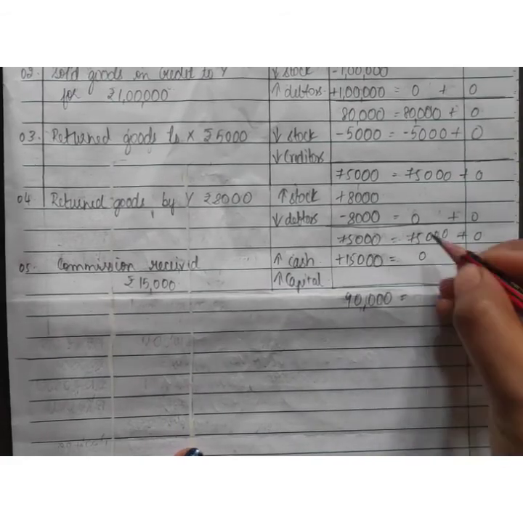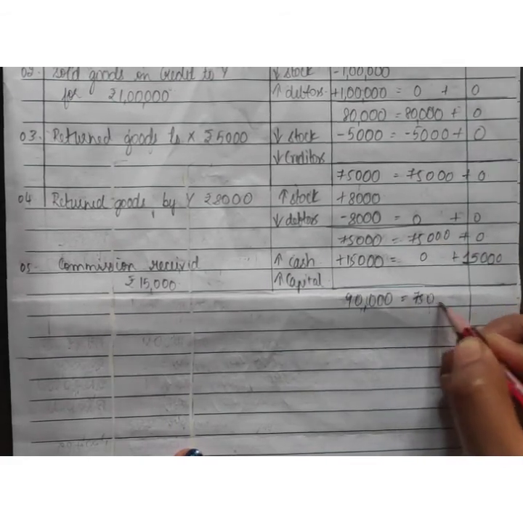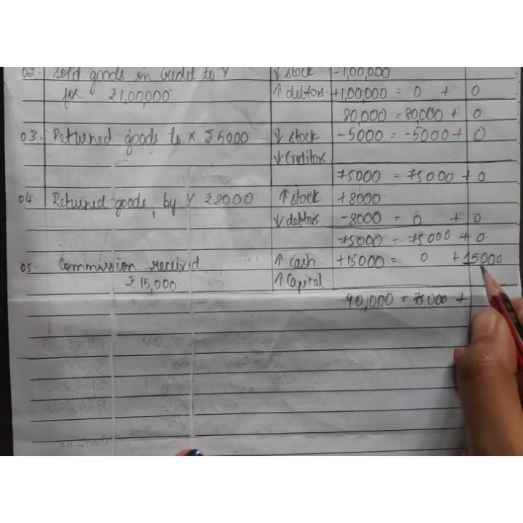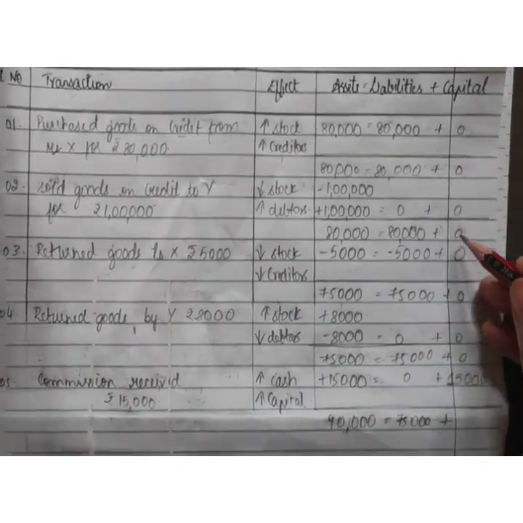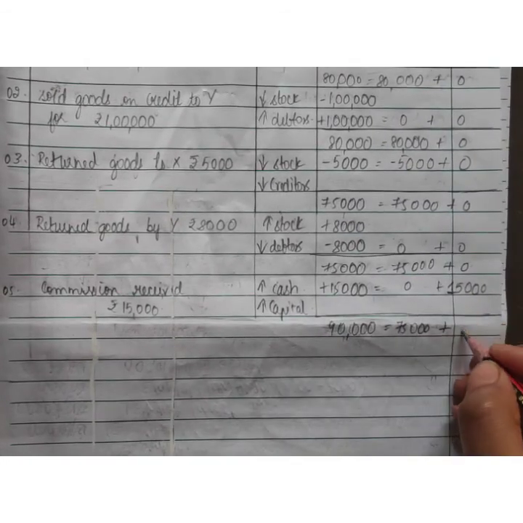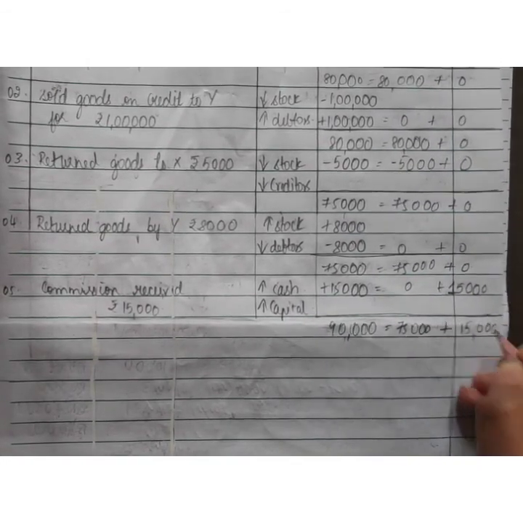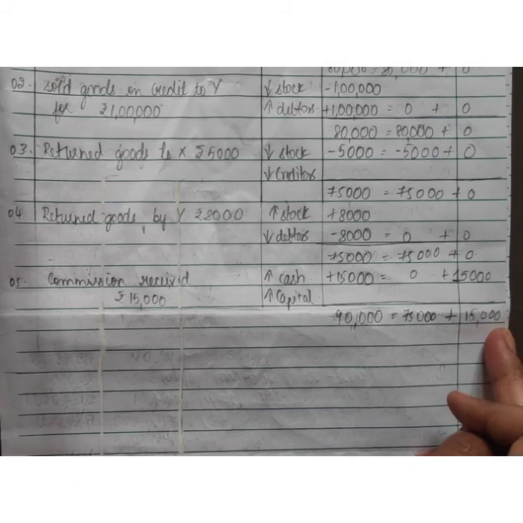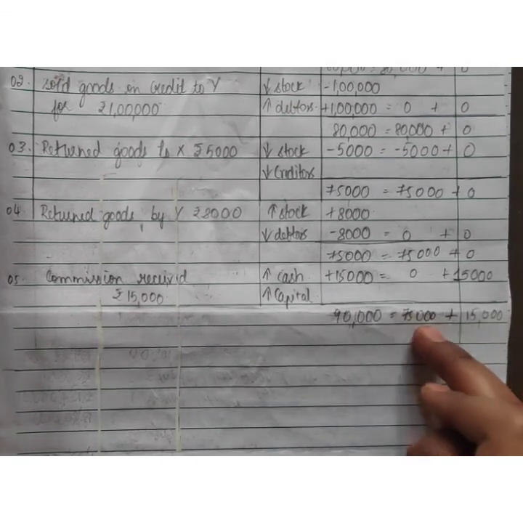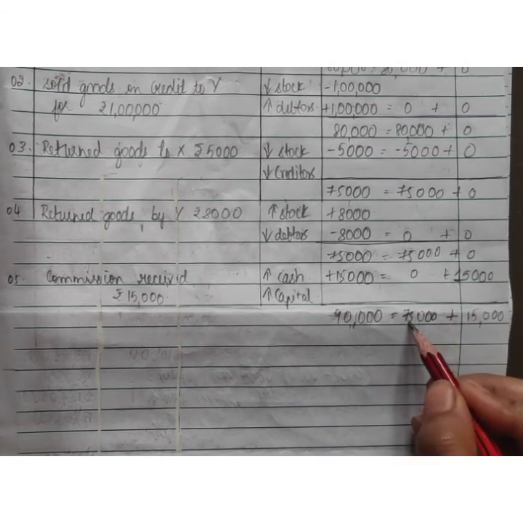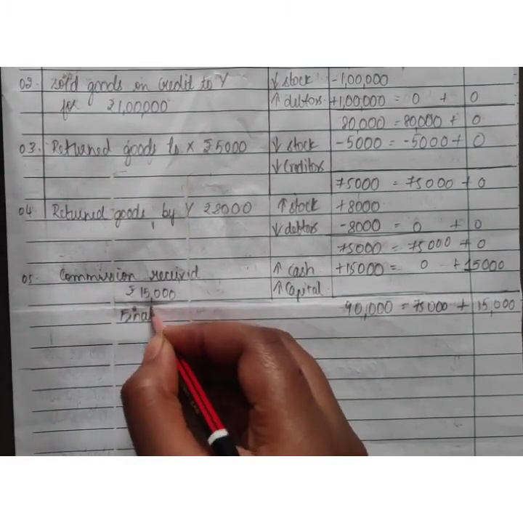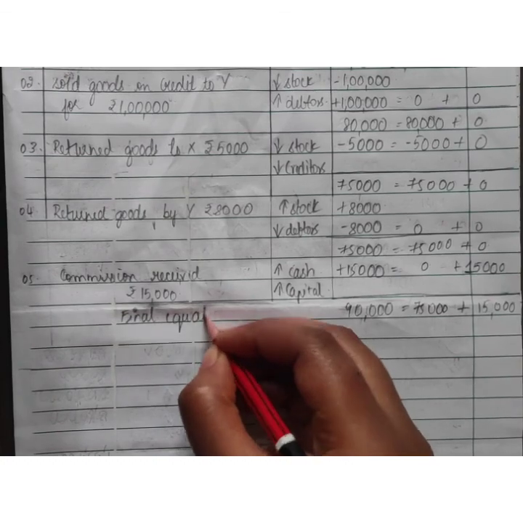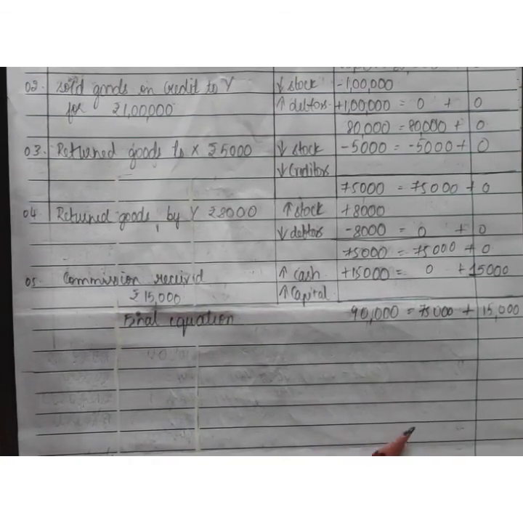Is equal to 75,000 here plus 15,000. On top also, if you cross-check, there is nothing. From the beginning it is 0. So it is just 15,000 under the capital side. Now our left-hand side is equal to the right-hand side. 90,000 is equal to 75,000 plus 15,000, which if you add, you will get 90,000. So this is our final equation. Clear?